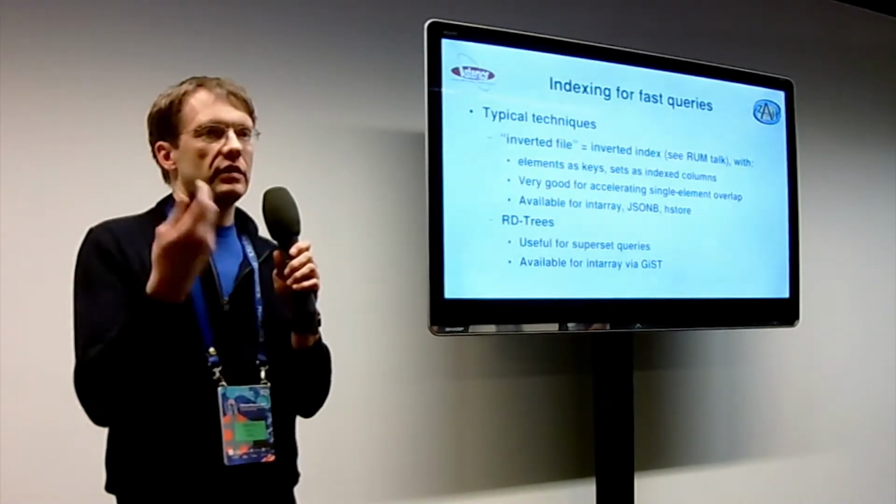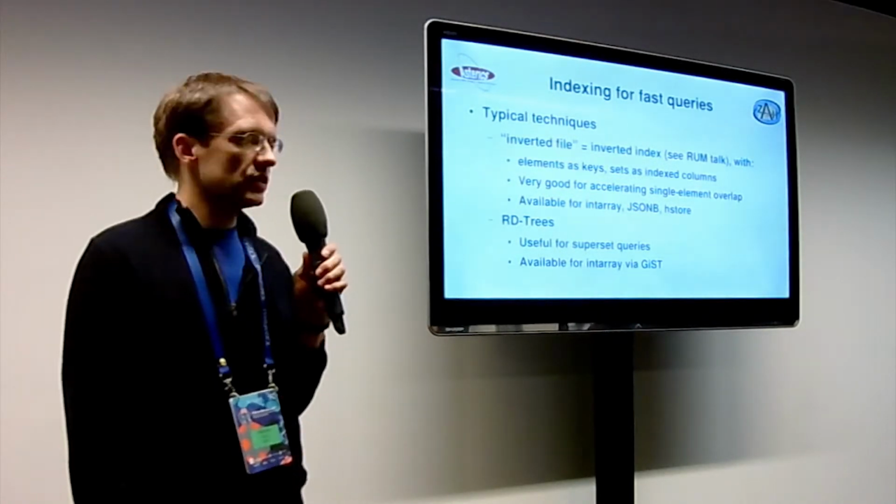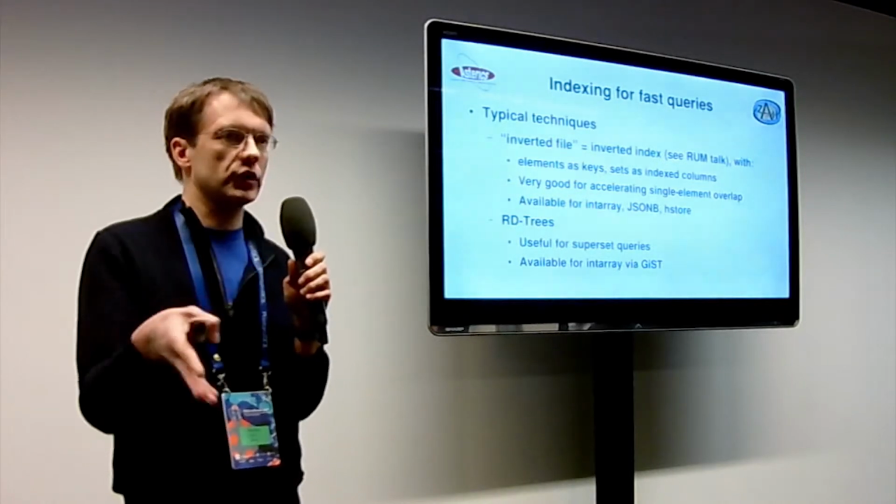And so this inverted index technique is good for so-called point queries where you want to find a single set element. And it's also quite widely available in Postgres, as we see, for these intarray, JSON-B, HStore data types.